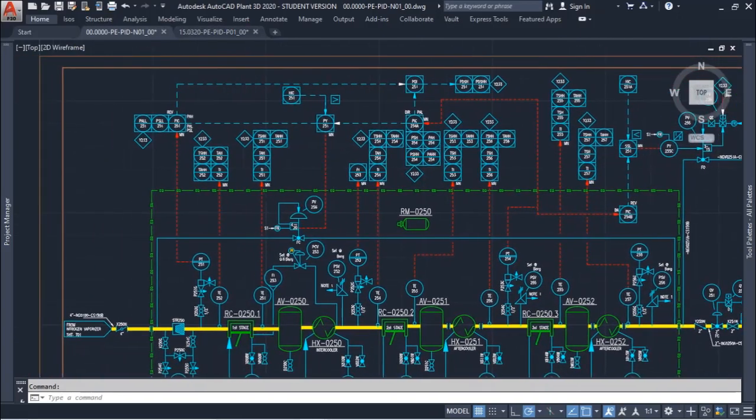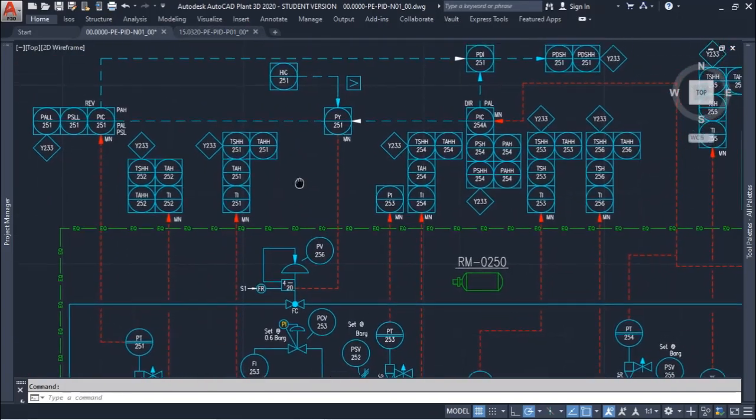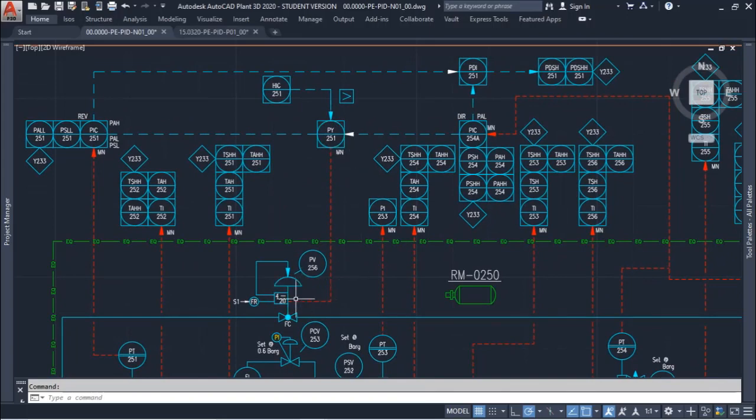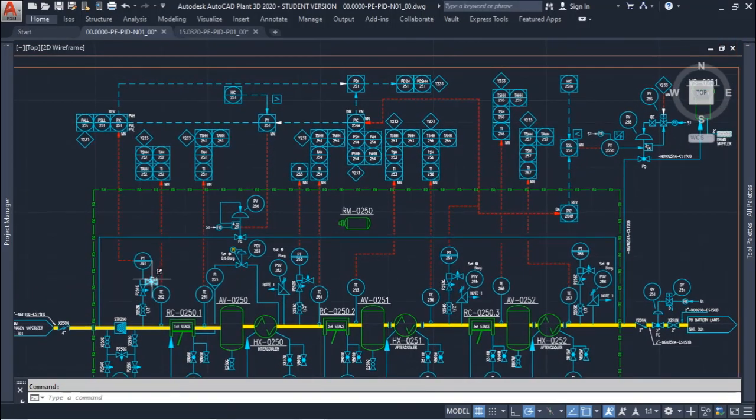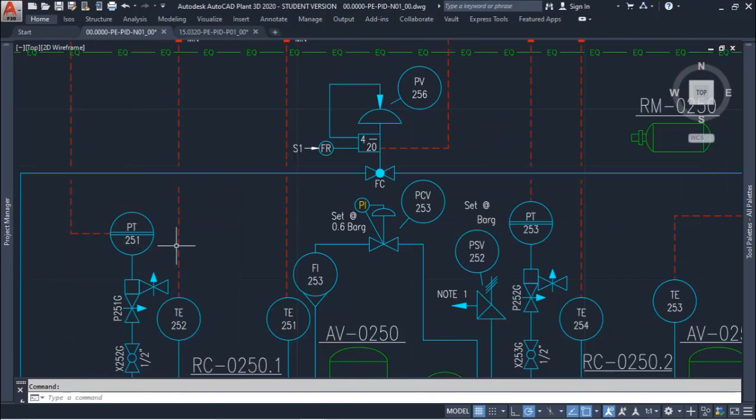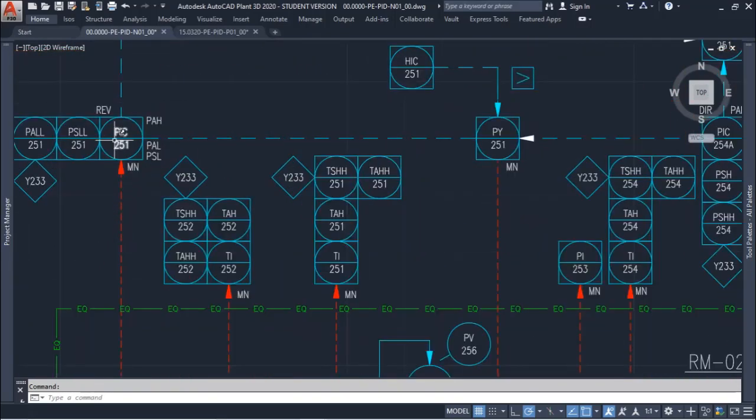And another thing that we would like to show you is that the control philosophy for the recirculation valve takes into account 3 signals. One for the compressor suction, that is the PT 251, goes to the PIC 251, and you can see here that we also have the alarm for high, alarm for low, and we have a PSL here.